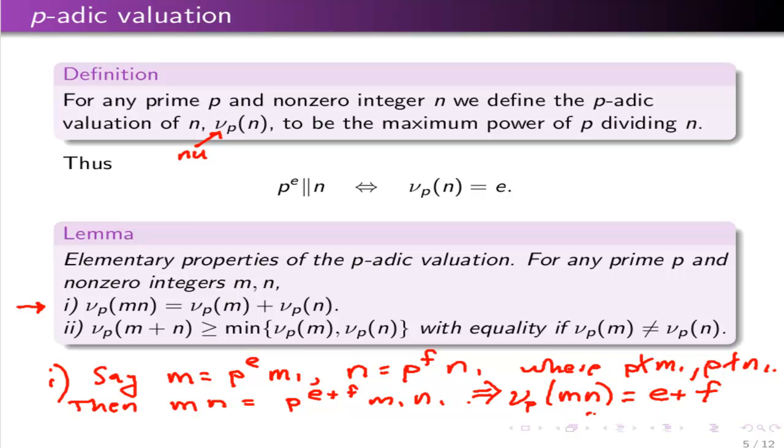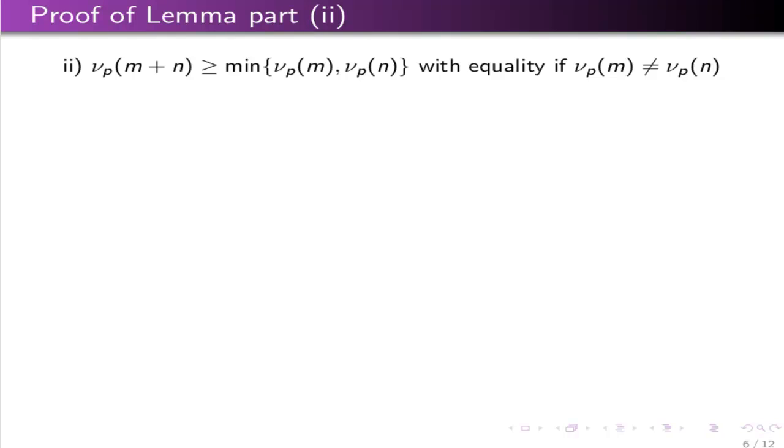Which is the multiplicity dividing m plus the multiplicity dividing n. So the real interesting property is this second property right here. Why is nu p of a sum at least the minimum? Okay, so once again we just start by writing m and n in their canonical forms.